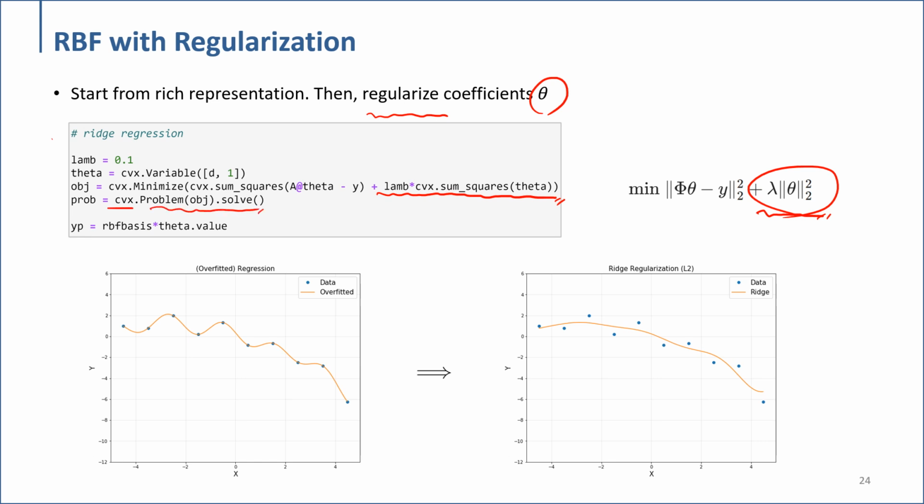Let's solve this problem using CVXPY. We can clearly see that the model is free from the overfitting problem. The data is well represented by the model, so it reduced the error for unseen data and can overcome the overfitting problem.